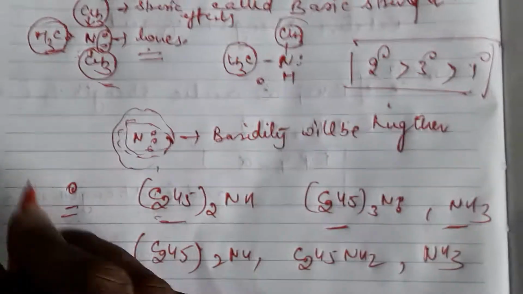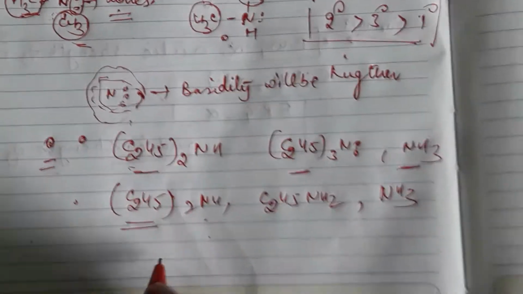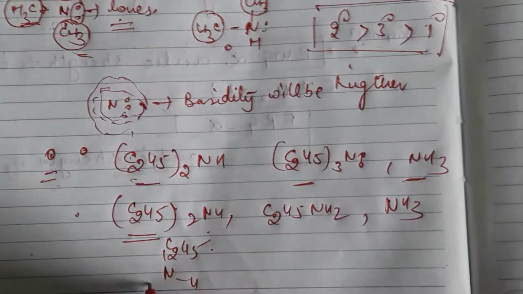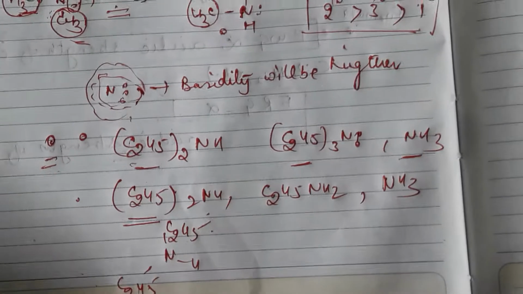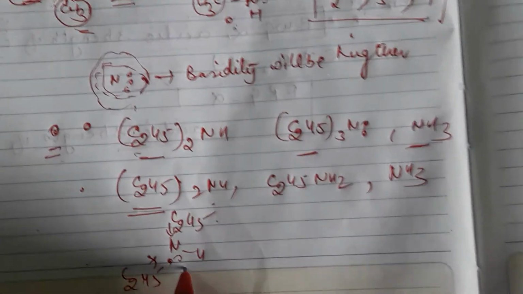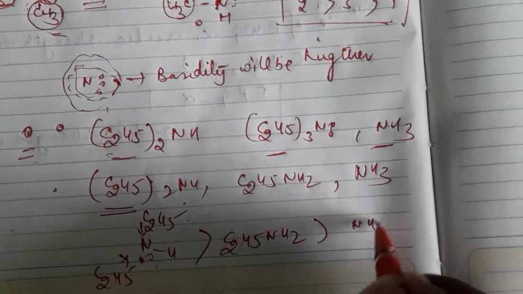In this molecule, dimethylamine, the methyl group donates electron to the nitrogen atom. If you draw the structure, it will be like that. It donates electron to the nitrogen. Nitrogen already has a lone pair of electrons, so that's why it is more basic as compared to this molecule. But ammonia will be less basic.